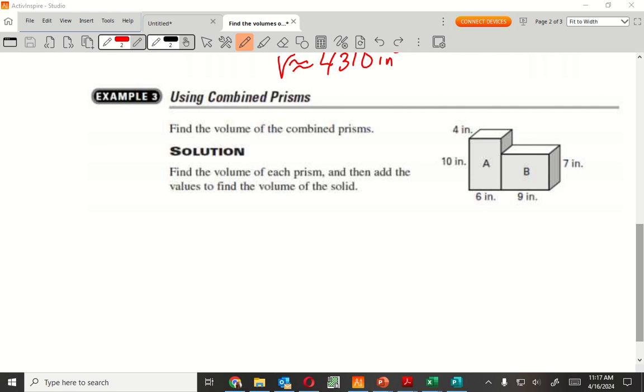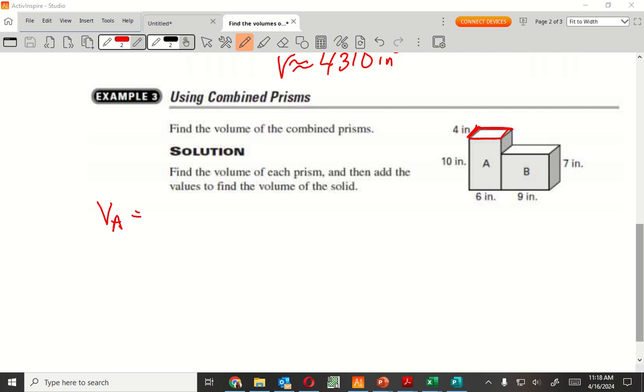So let's do these. I'm going to start with A. So my volume of A is going to be, is that going to be a cylinder or is it a prism? Okay, it's a prism. So this is going to be the area of the base right here, right? So I'm going to call this right here my base. It's 4 here. What do you think it is going this direction here? 6.